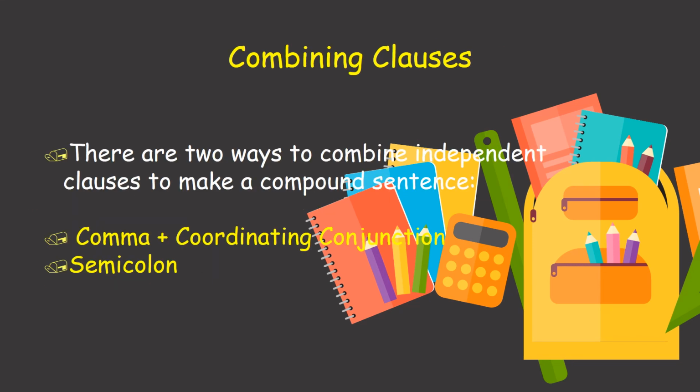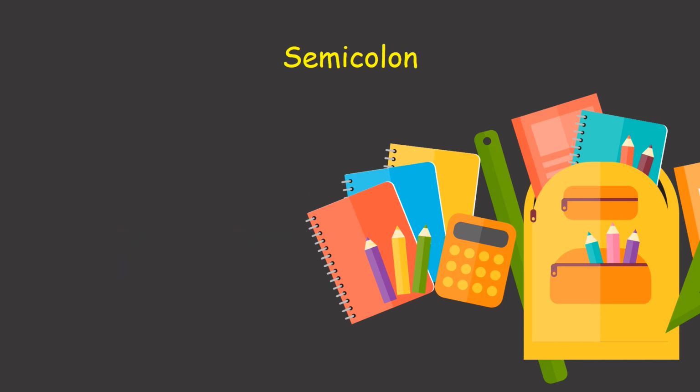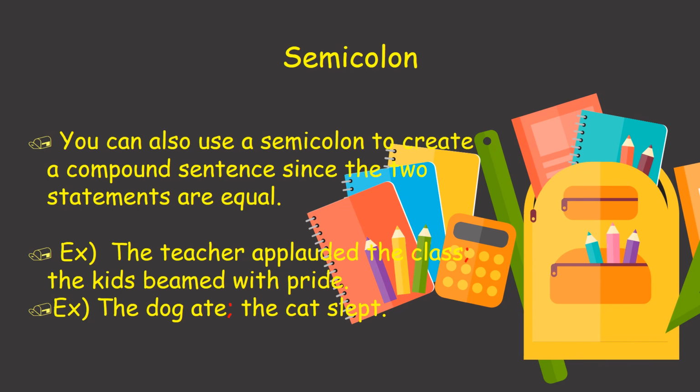Combine clauses. There are two ways to combine independent clauses to make a compound sentence: using a comma with a coordinating conjunction, and a semicolon. Let's have a look at what a semicolon is. So children, you can also use a semicolon to create a compound sentence since the two statements are equal.